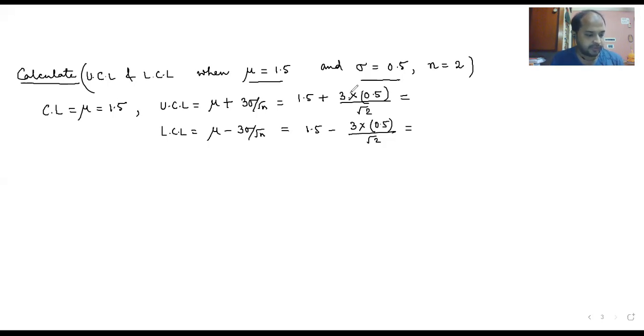So this quantity will be 0.4393, and the other one will be 1.5 plus, inside bracket you write 3 into 0.5 by root 2. So that will be 2.5606.